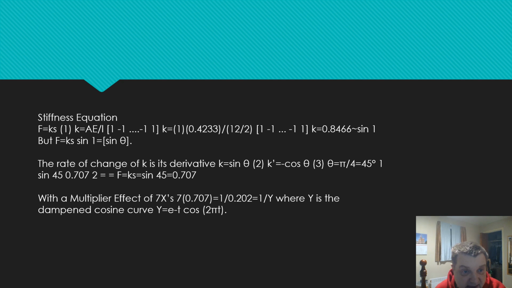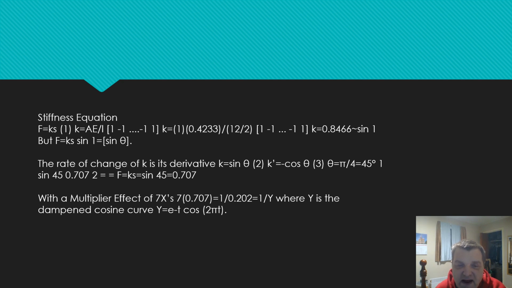So K is equal to AE over I, and K is equal to 0.4233, which is pi minus E. And depending on the value of pi that's used, it could be 0.4245, but basically I use 0.4233 as pi minus E, a number that I called Q's modestly in one of my papers.